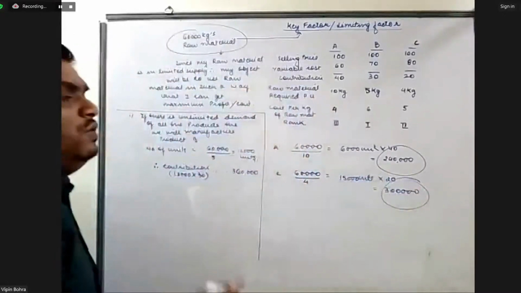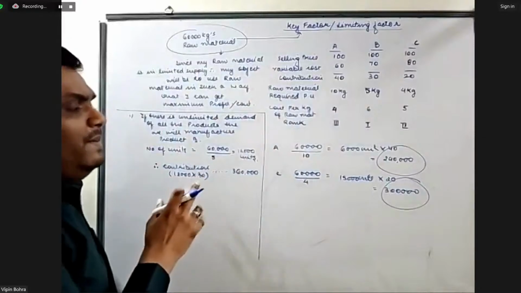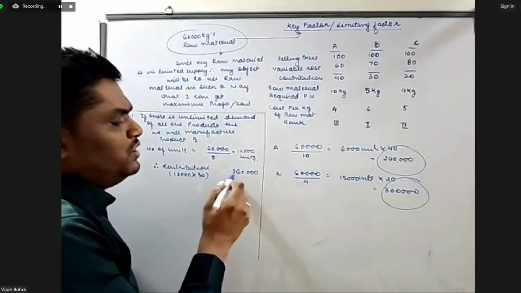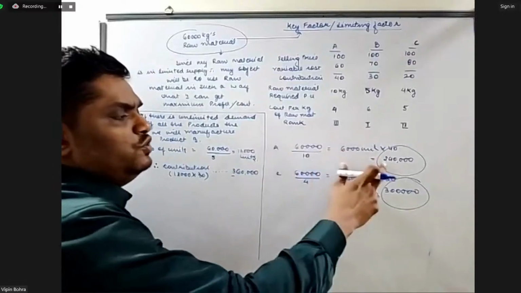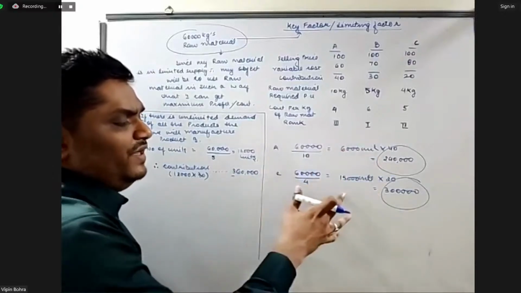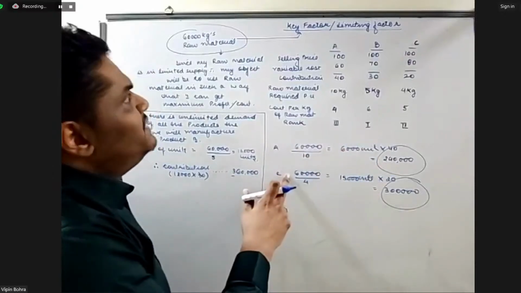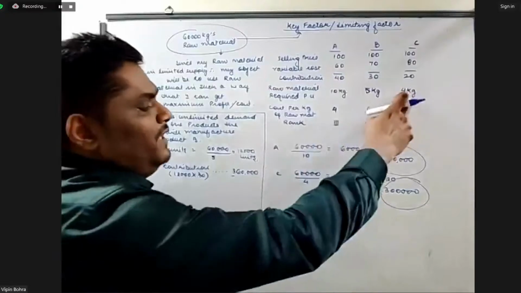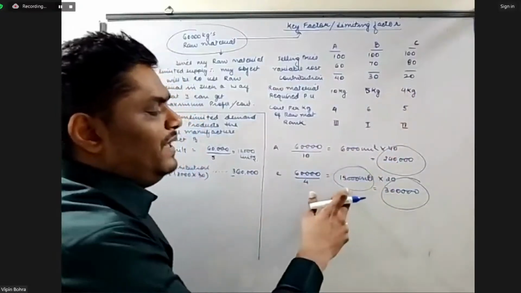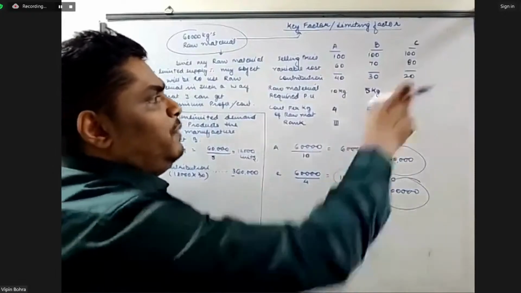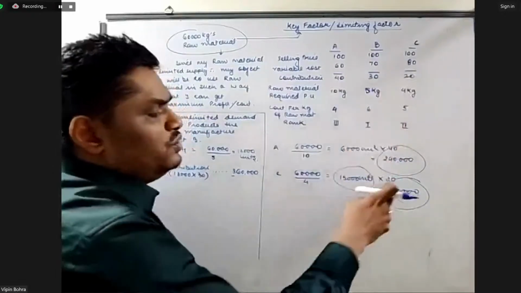So this way also you can understand that if I manufacture B, my contribution is 360. If we manufacture A, my contribution is 240. If I manufacture C, 60,000 is the raw material available, every unit requires 4 kgs, so 15,000 units will be manufactured of product C, and every unit's contribution is 20.